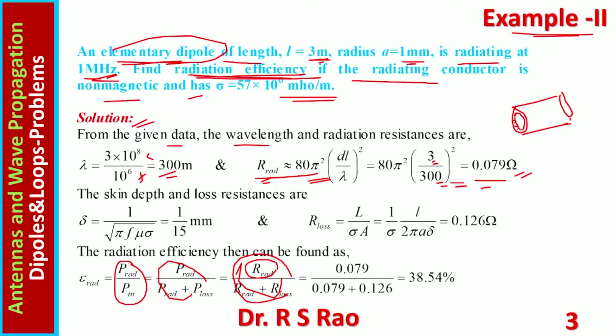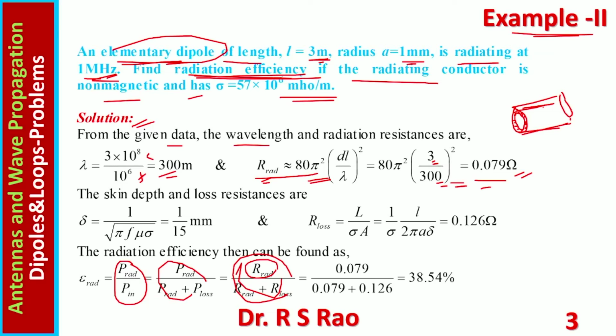Currents exist only in this outer surface layer. Currents flow parallel to the length. Such currents give rise to ohmic losses or copper losses or I square R losses. The resistance corresponding to these losses is R loss.